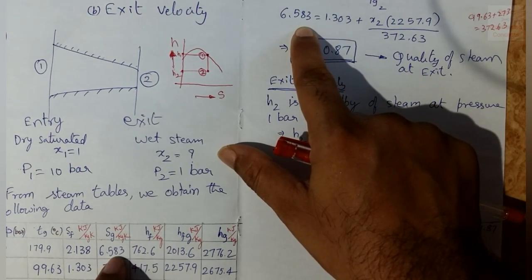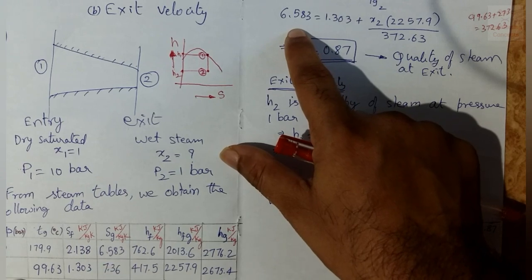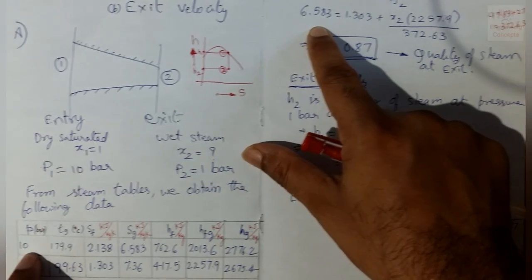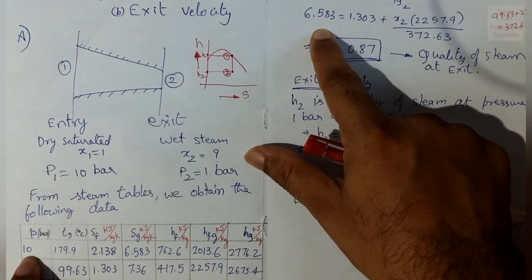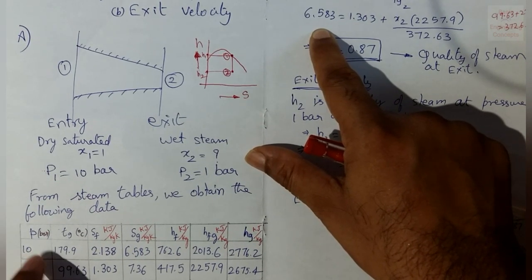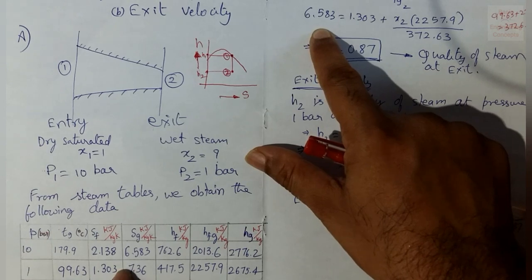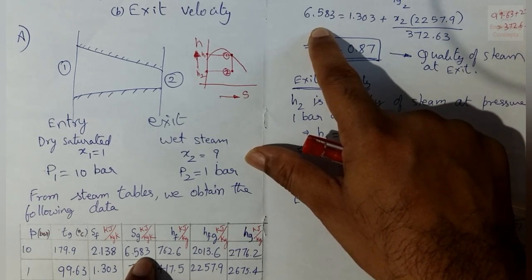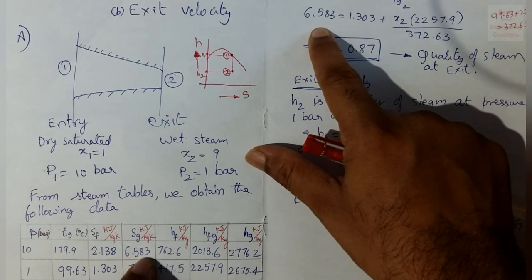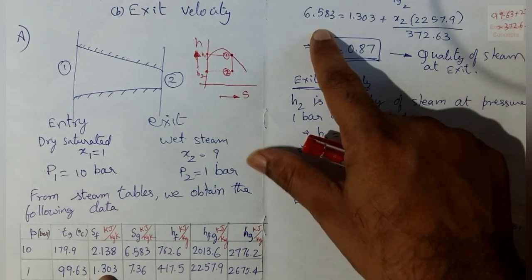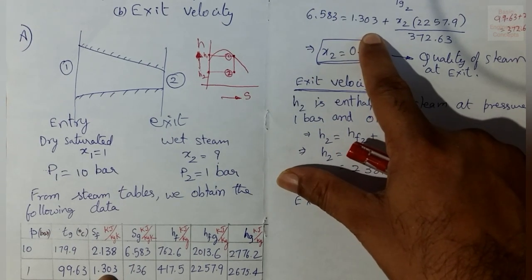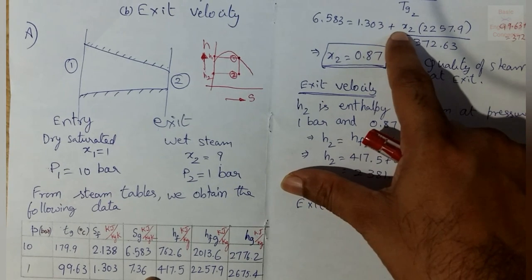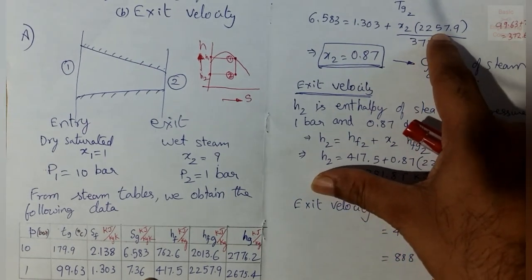That is equal to SF2. The first condition is pressure 10 bar, and the second condition is pressure 1 bar. So 6.583, that is S1, is equal to SF2, this is 1.303, plus X2 into HFG2.